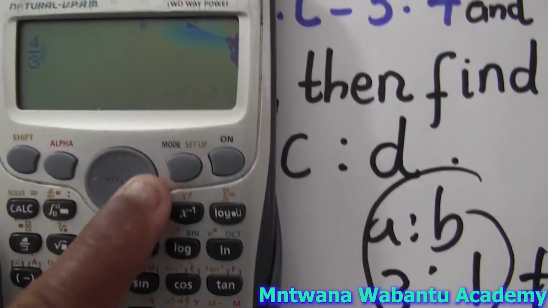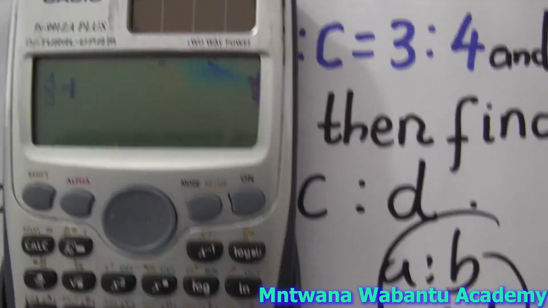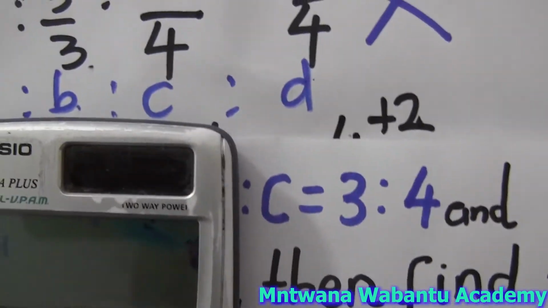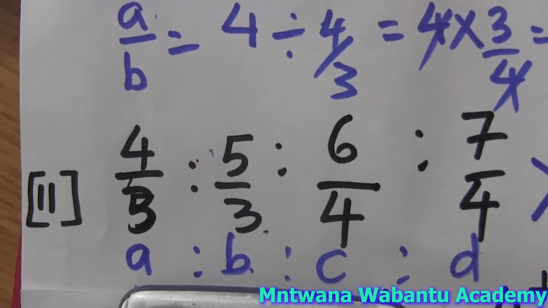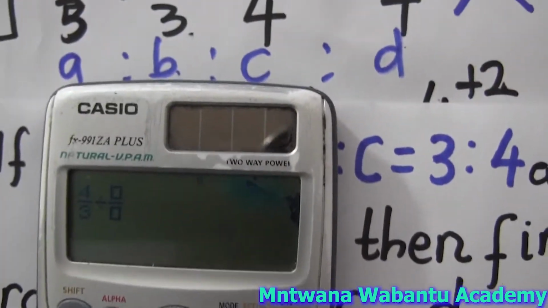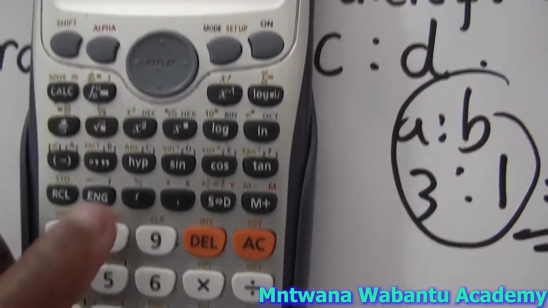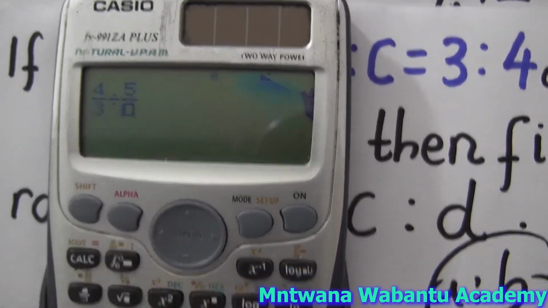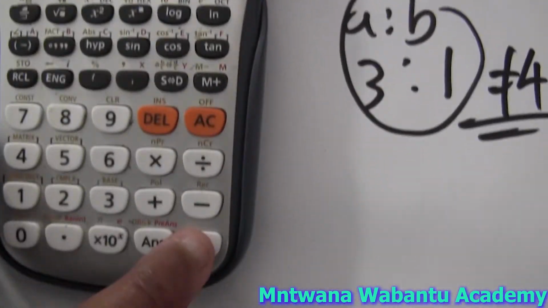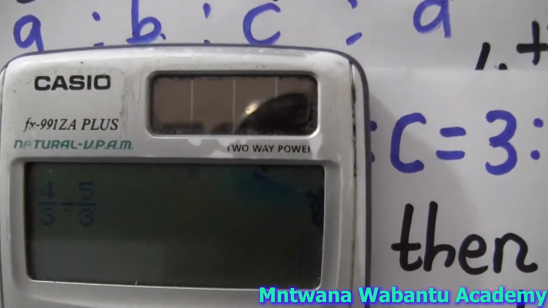Next, divide, and then we go for 5 over 3. So fraction again, 5 over 3. Okay, let's see the answer. So we go equal, and then we see this.